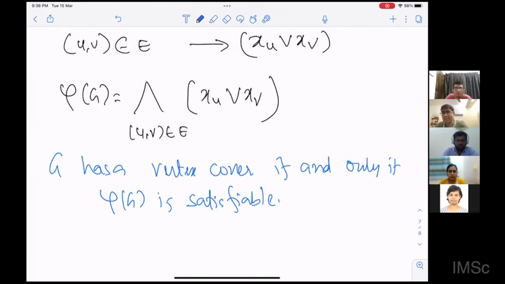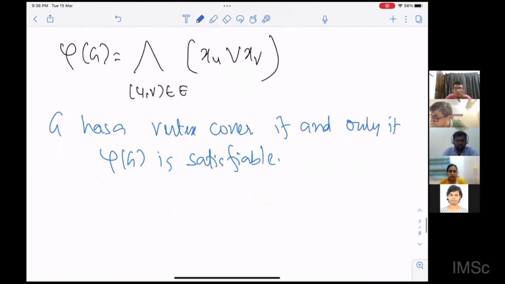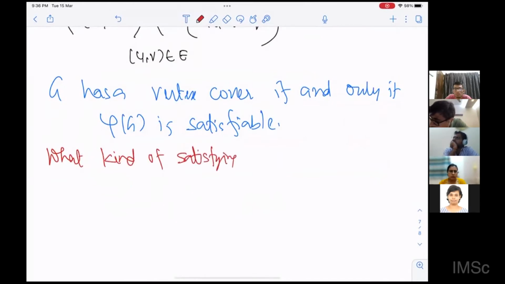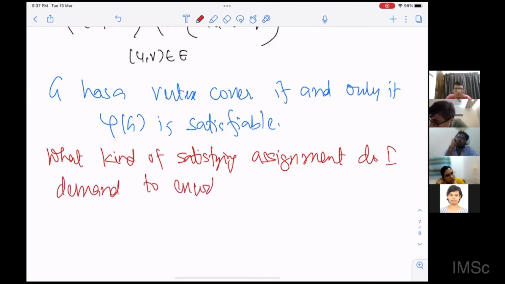Now, let's ask ourselves what kind of satisfying assignment do I demand to encode a k-size vertex cover?